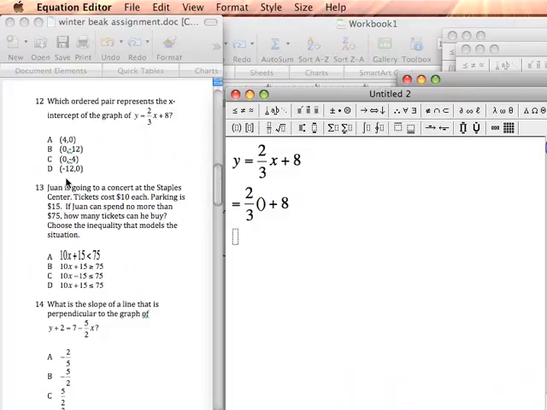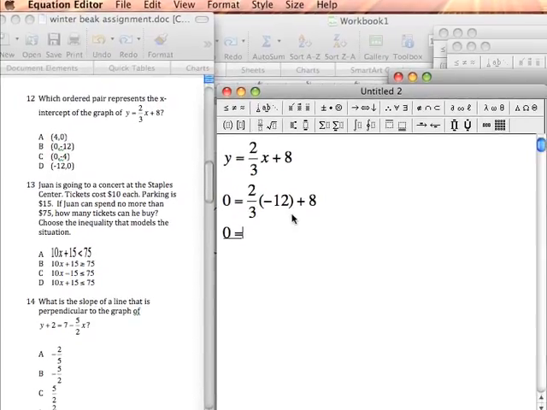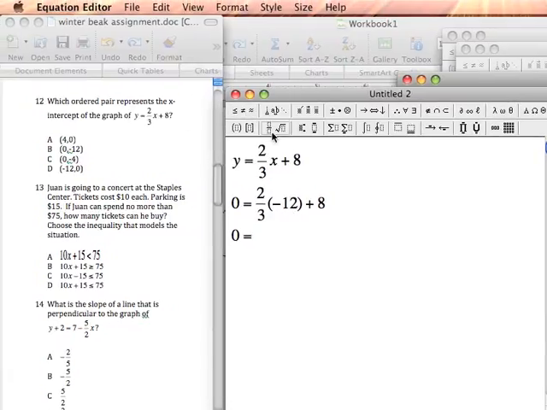So in D, y is equal to 0, and x is equal to negative 12. Maybe this will work. So in this case, I have 0 on the left side. On the right side, I have 2 times negative 12, and 2 times negative 12 is negative 24.